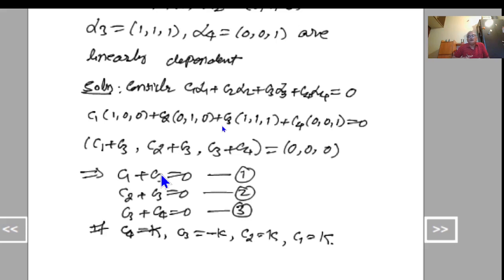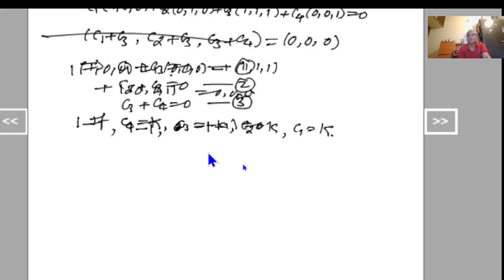Here we have the values of the scalars depending on K, so if I take K equal to 1, then all are non-zero. Therefore, we say that these vectors are linearly dependent. Okay. Thank you. I'll stop here.